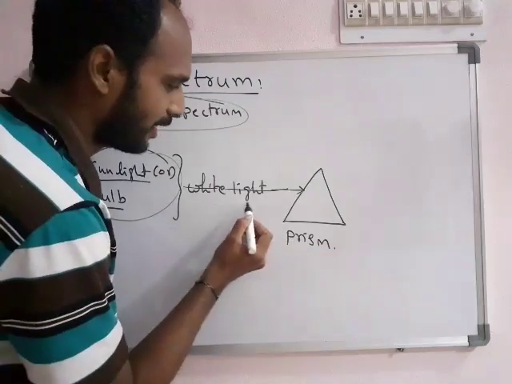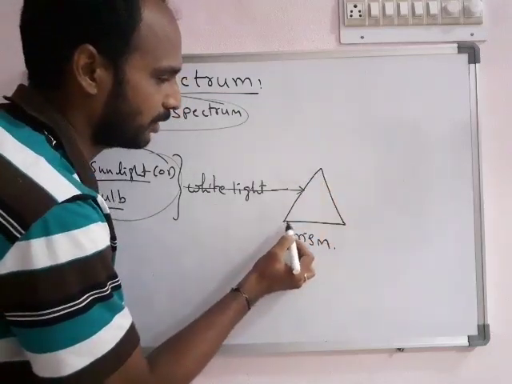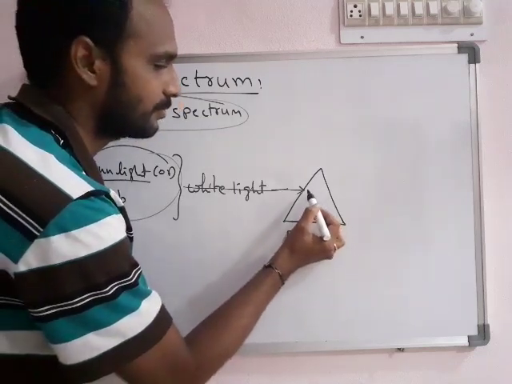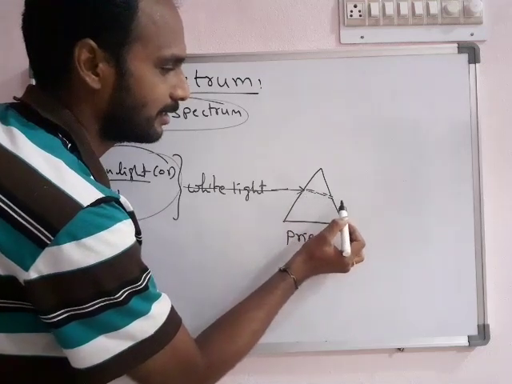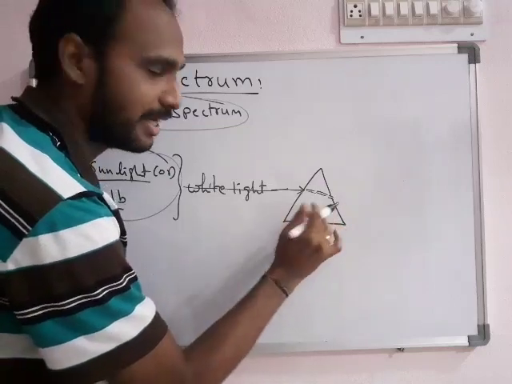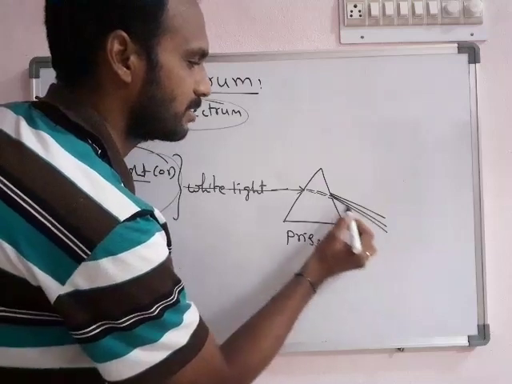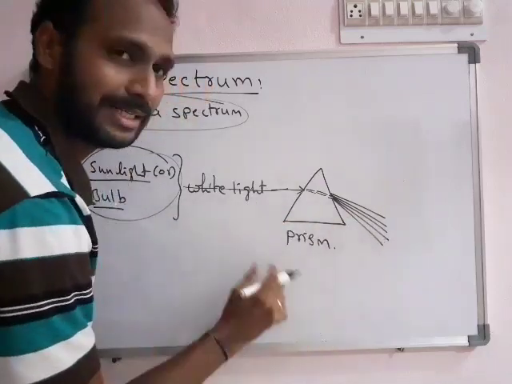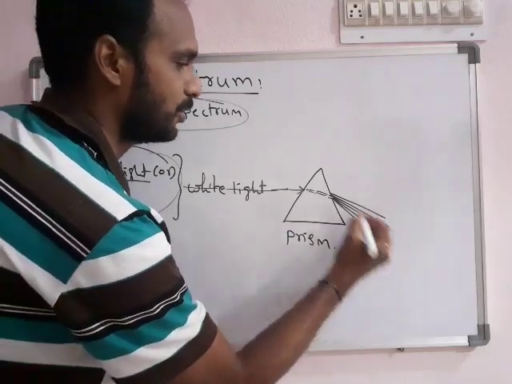So when white light is passed on one of the surfaces of the prism, it will travel in it, and the emitted light from the other surface is like this. Means the white light is split, nothing but dispersed, into 7 parts. We know that 7 parts.